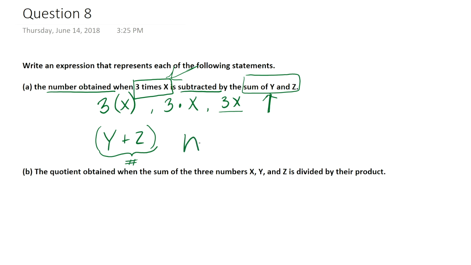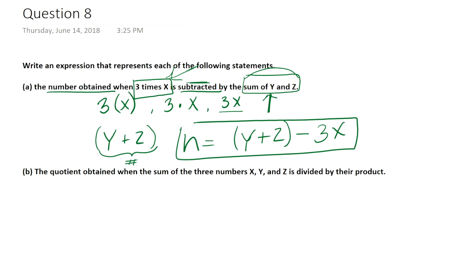So the number is equal to, again, we're going to do the sum first. So the sum of y plus z minus, because it's subtraction, so minus 3x. And that's our answer for this one.